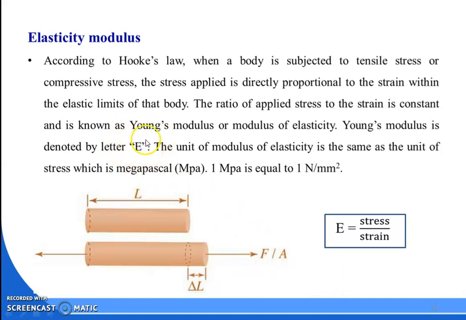So capital E equals stress by strain. If you provide tensile load, the formula will be tensile stress by tensile strain. If the loading condition is compressive load, then it will be compressive stress by compressive strain. In this way you have to put the formula.